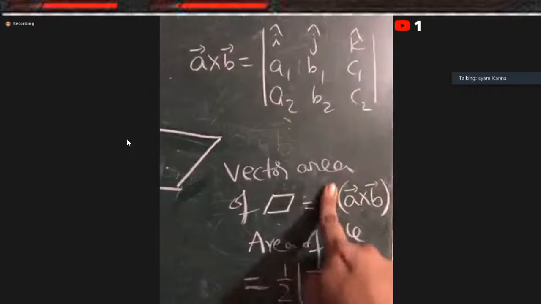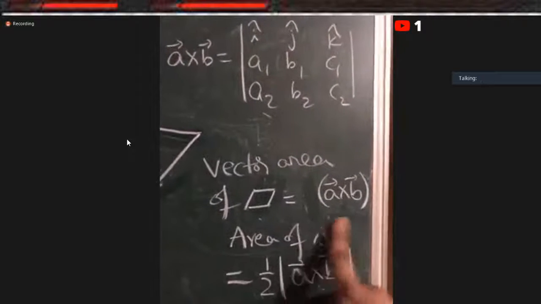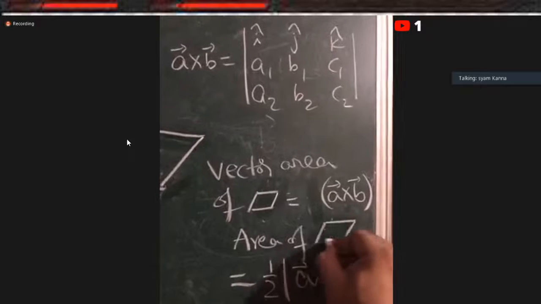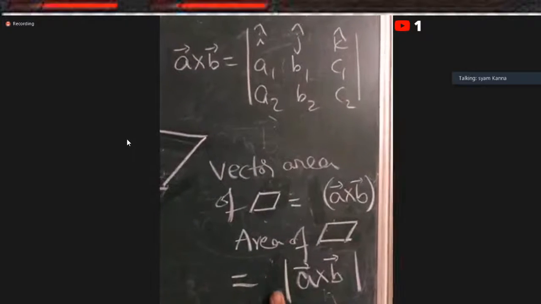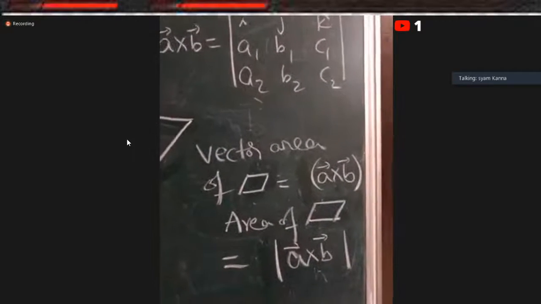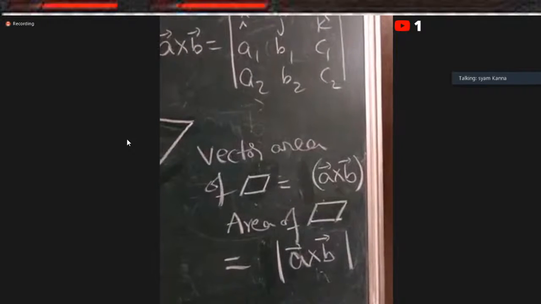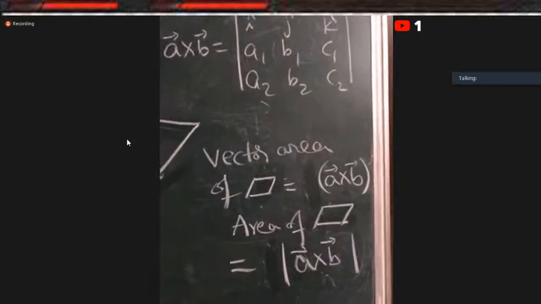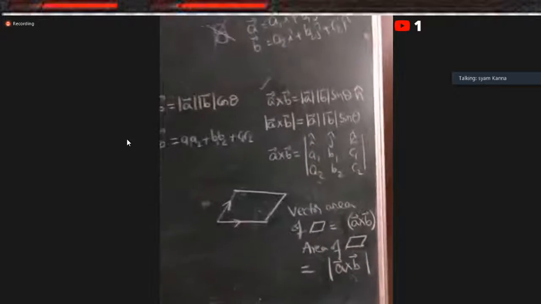Half will not come. If you don't want direction and just want the area of the parallelogram, half will not come. In a triangle half will be there, but in a parallelogram half will not be there.